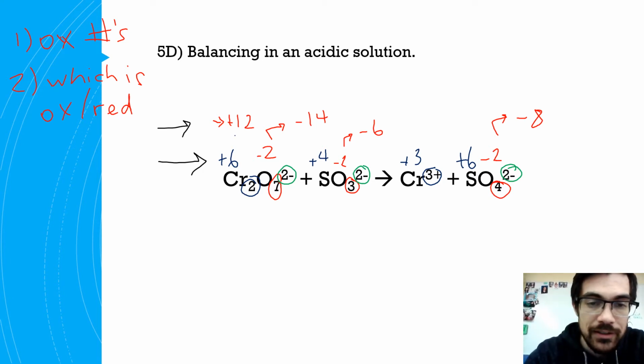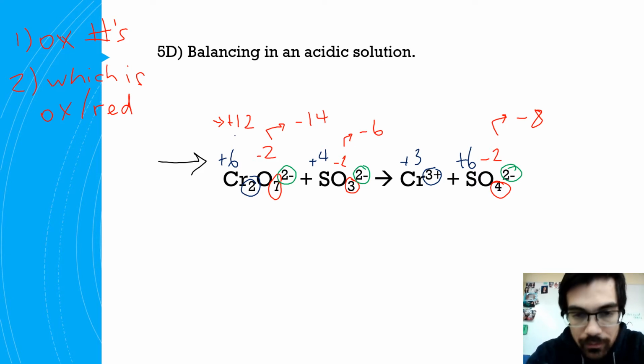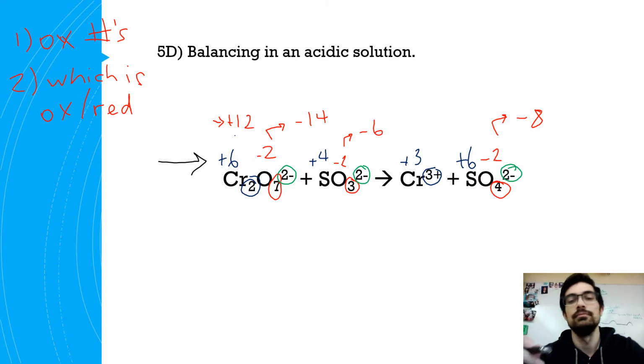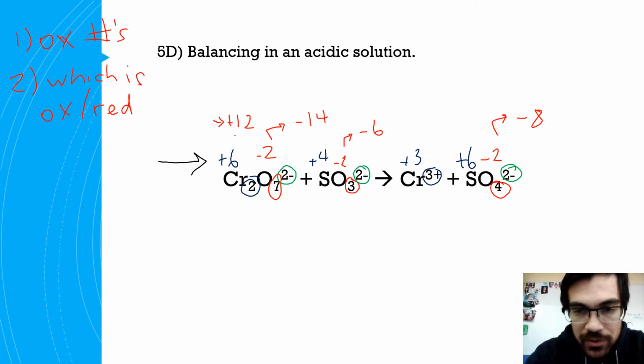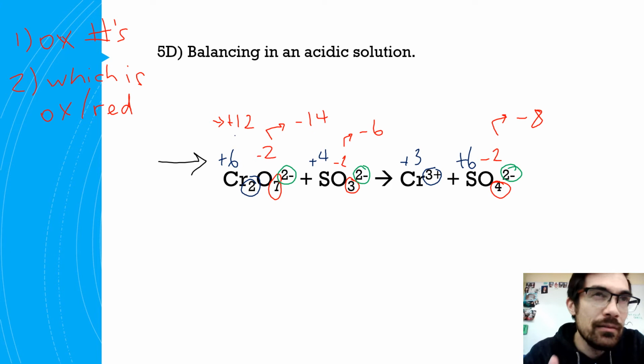In this situation, it doesn't really matter because it works out the same way, but in some instances, the total might be higher and it may look like something is being oxidized, but when you take it at the individual level, it's actually the opposite.